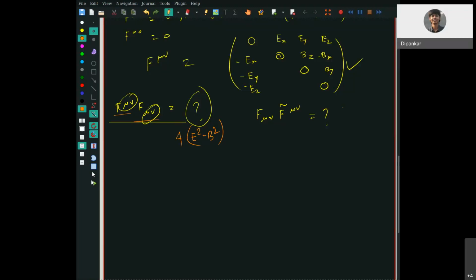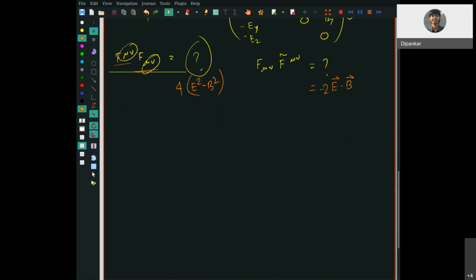And the other one, if you calculate, will be E dot B, again something like minus 2 times E dot B. So first of all, you calculate that. Now what are these? These are my Lorentz scalars.